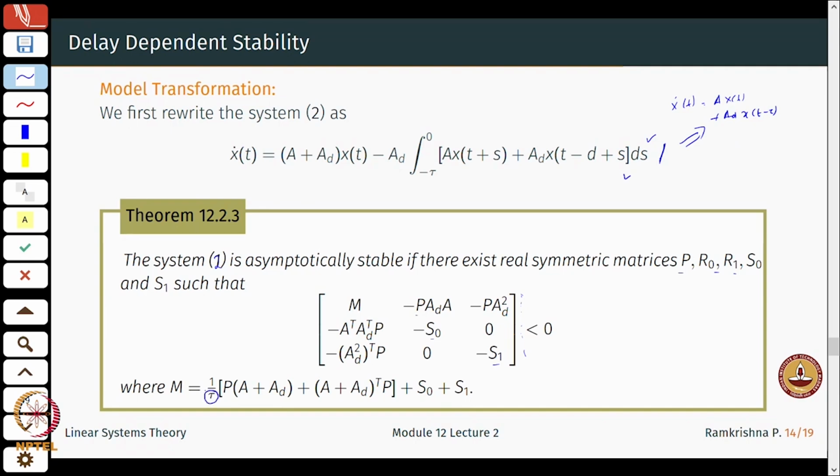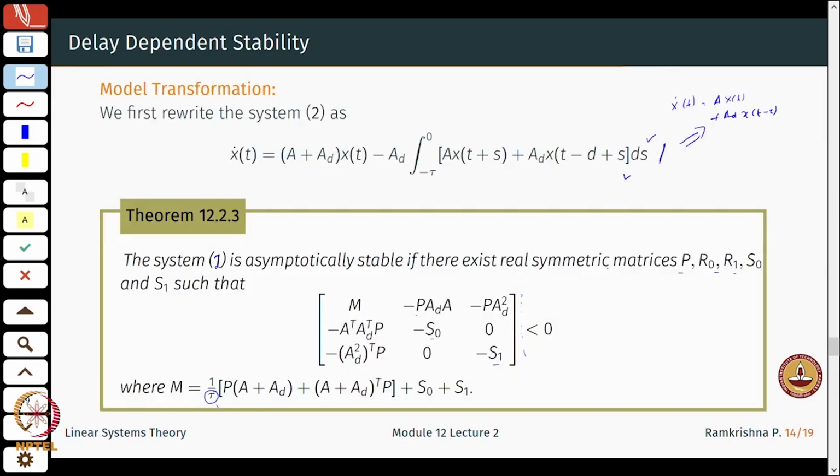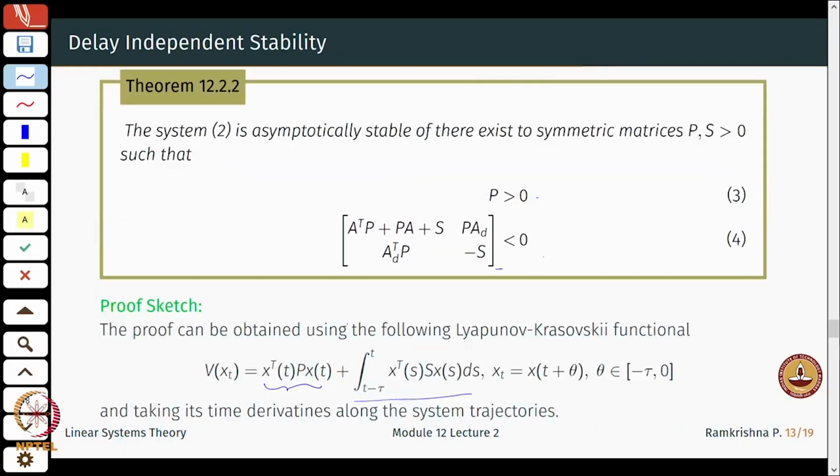You see there is some dependency of the LMI on the delay term tau. Okay, I will not go into too much detail. So, the delay term explicitly appears in the LMI in the form of this M, whereas in the previous case there was no delay term. All these terms were independent of delay.